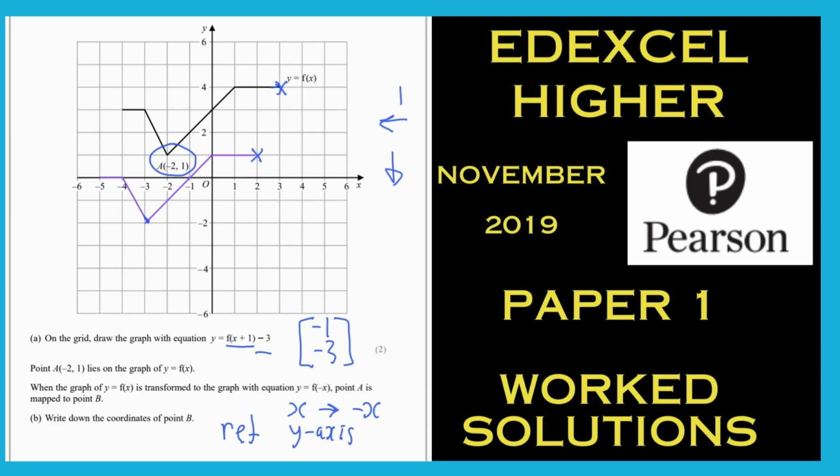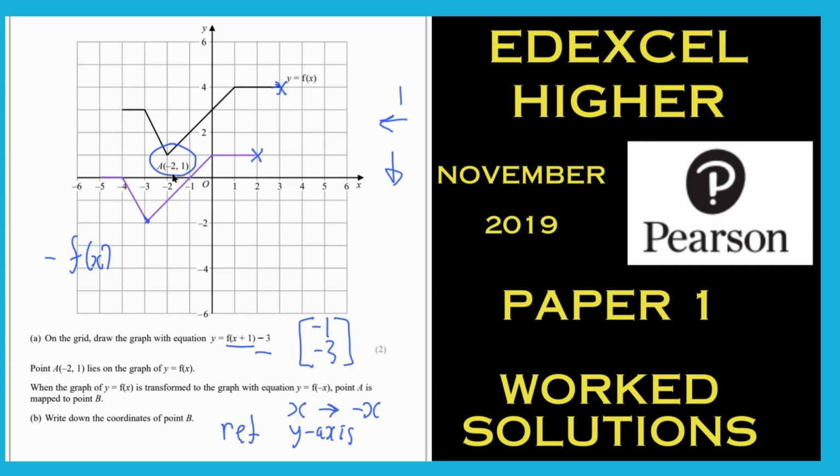If all the signs changed, if it was negative f of x, the minus there, that's where everything changes, and that's a reflection in the x-axis. That'd flip it upside down, basically.